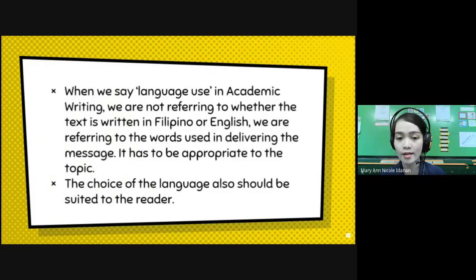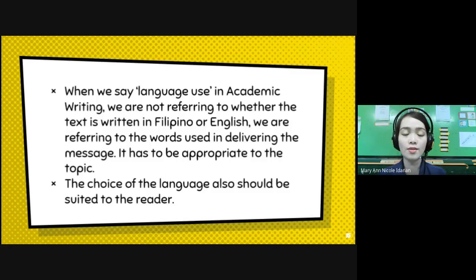So just like the example that I have given you last time, for example, you're going to write an academic text about the herbal plants, you don't have to write the scientific terms for those plants if you're just writing for ordinary students or even for the STEM students because they are not yet professionals in that field.